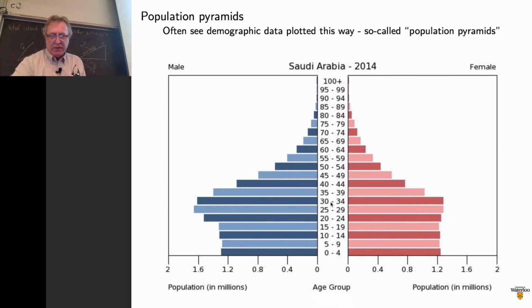So the bulge is around the 20s and 30s, and tails off, and not so many up in this high age group. Probably lower life expectancy in Saudi Arabia. Again, there seems slightly lower numbers of females than males, not so much, similar as it was in Canada, but a different demographic.